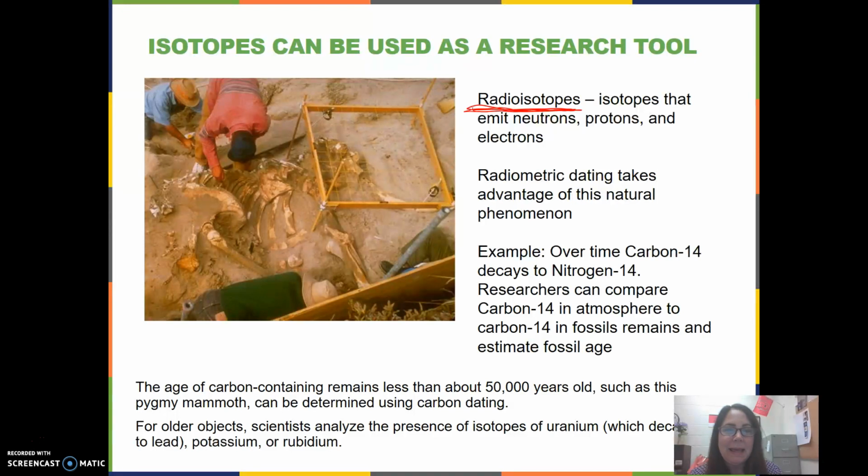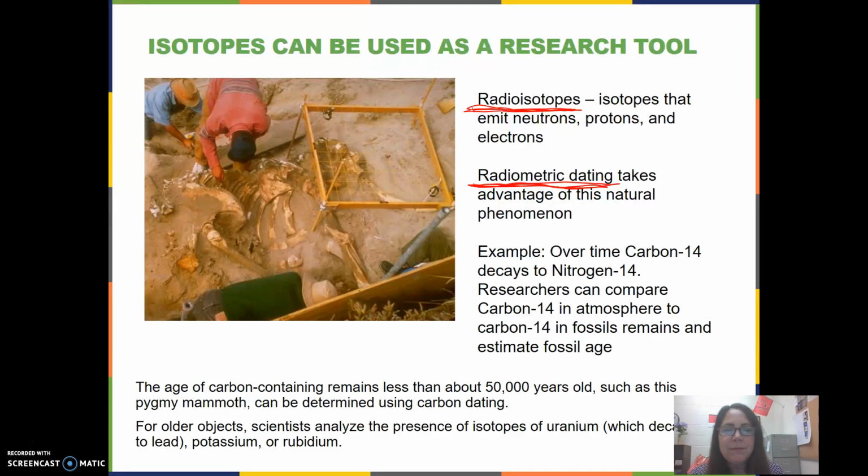Over time, these isotopes decay. And so, therefore, you can use a mathematical formula comparing the percentages of different isotopes of an element in a fossil. And you can use those percentages to calculate the relative date or estimate the date of that fossil.